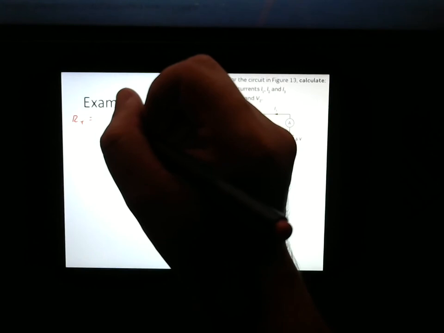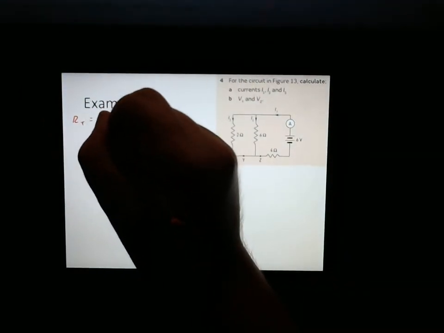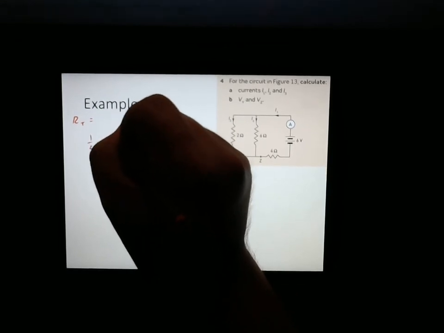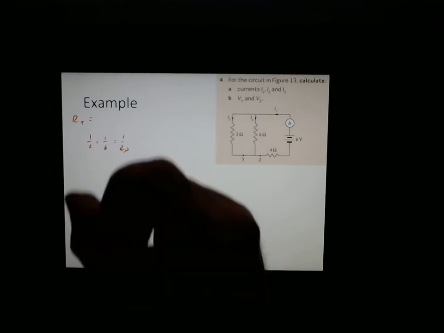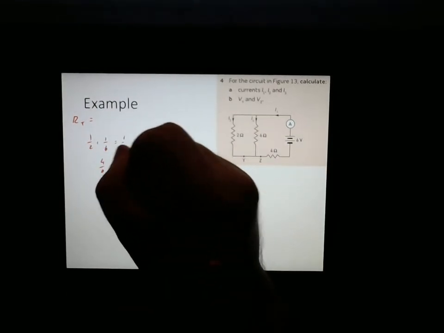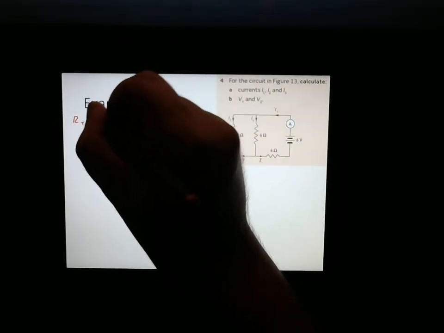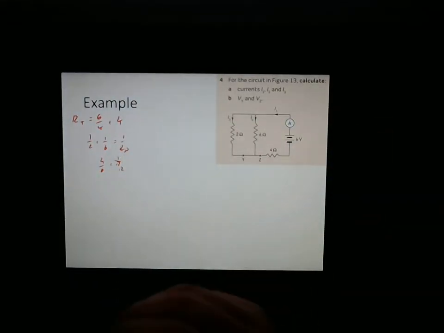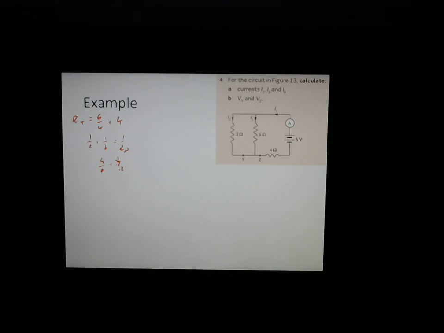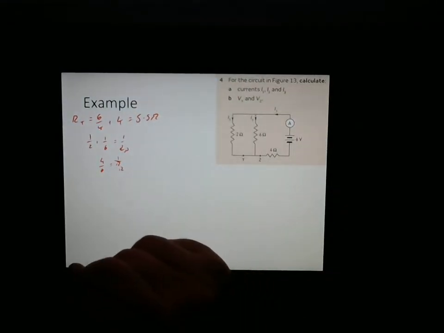So we're going to need 1 over 2 plus 1 over 6 equals 1 over RP. 1 over 2 is going to equal 3 over 6, so that's 4 over 6. 1 over RP is going to equal 6 over 4 plus, and we've got a 4 left over. 6 over 4 is equal to 1.5, so that's going to equal 5.5 ohms.